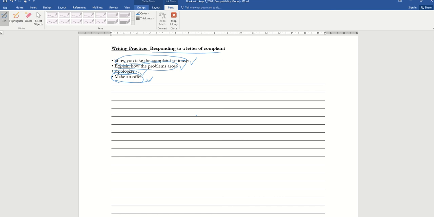Again, the format can be applied from page 83, page 84, and page 85.